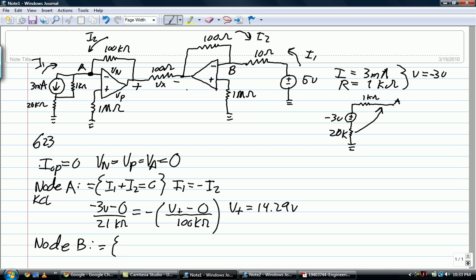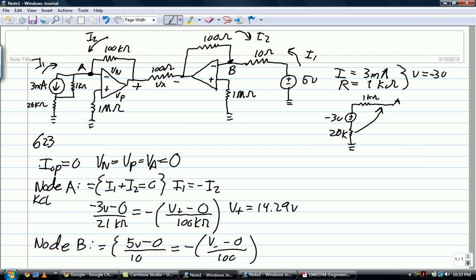Alrighty, so let's look at this. To our equation, 5 volts minus 0, which is our nodal voltage at B, over our resistance, R Thevenin, which is 10, is equal to negative the quantity of V sub minus minus 0 over our resistance, which is 100.